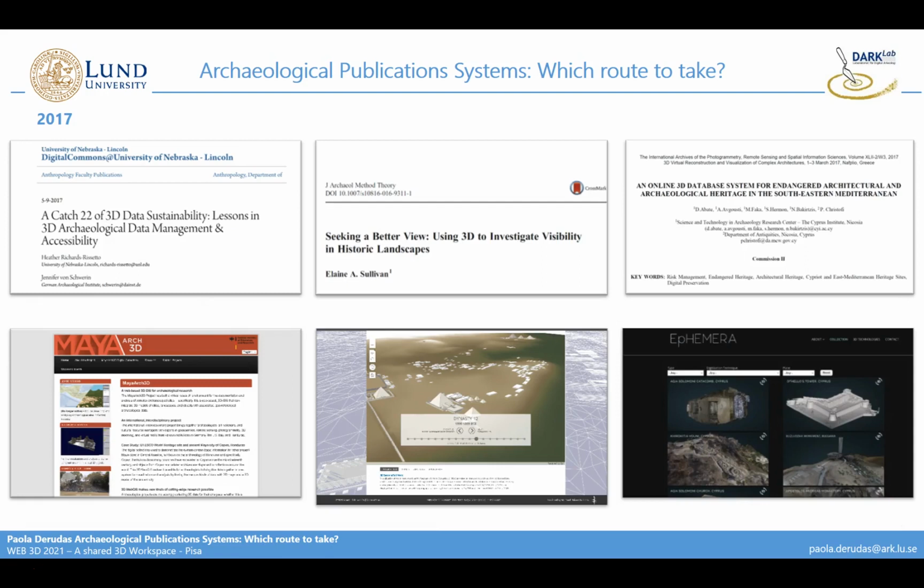In 2017, we have three more digital publications. The first one we refer to is Maya Arc 3D, that publishes together with a 3D web GIS, and is the first example of 3D models included in an online 3D GIS platform.